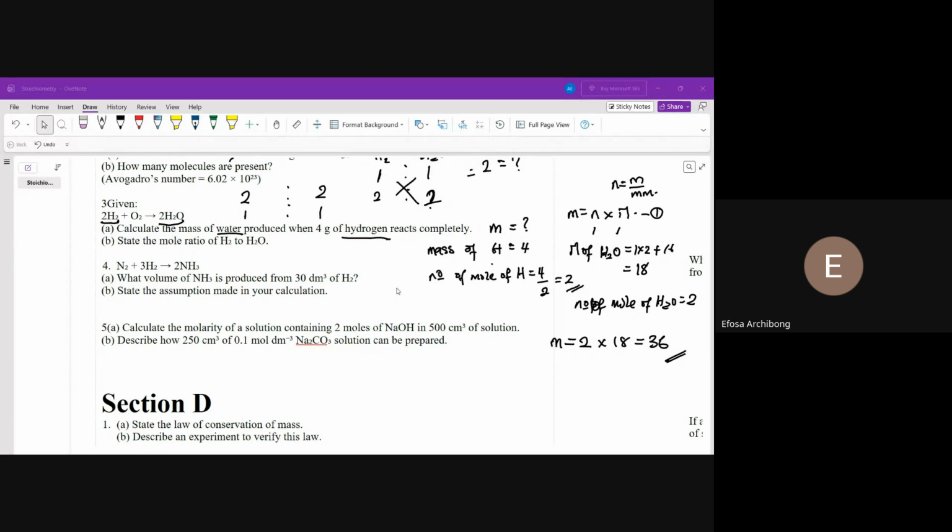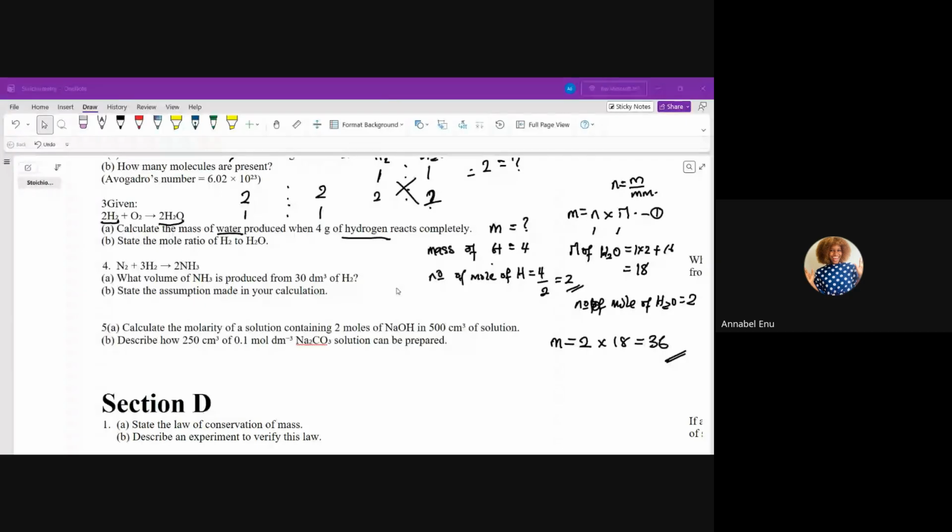Okay, it's gram per mole. But relative mass can be gram when you're relating it with the mass directly. Okay, that's all you learned.